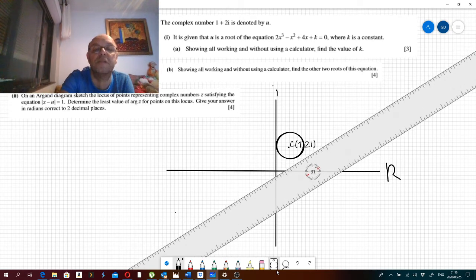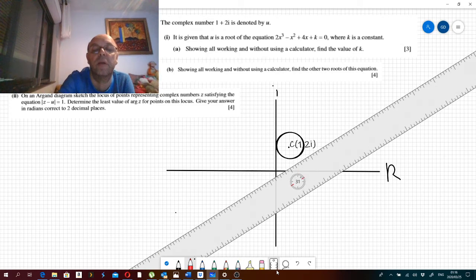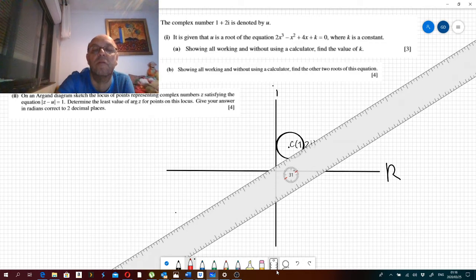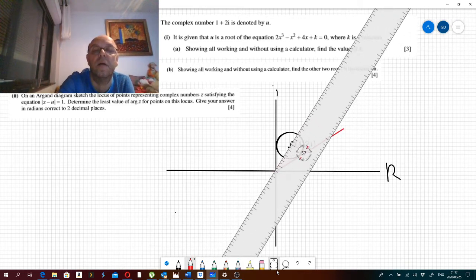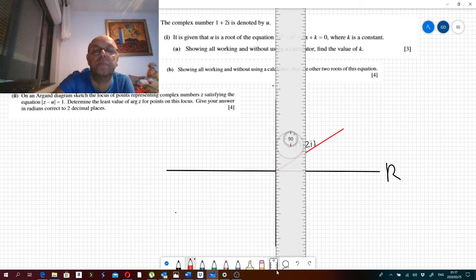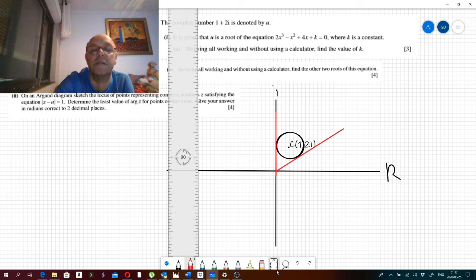There are 2 places where this will happen for that circle. So let's move the ruler nicely over there. And the other one is here along the y-axis, or the imaginary axis.